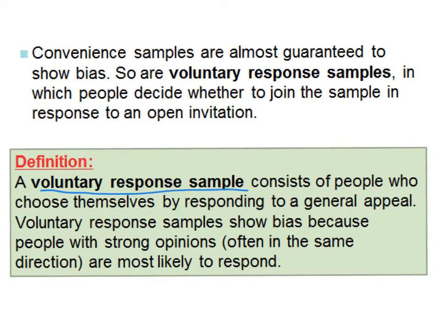It's really common. You could say it falls under the umbrella of a convenient sample, but to take a voluntary response, which is where in a study you let individuals in the population choose if they want to be in the sample, it's a bad idea. Okay? If you can avoid it, don't do it.